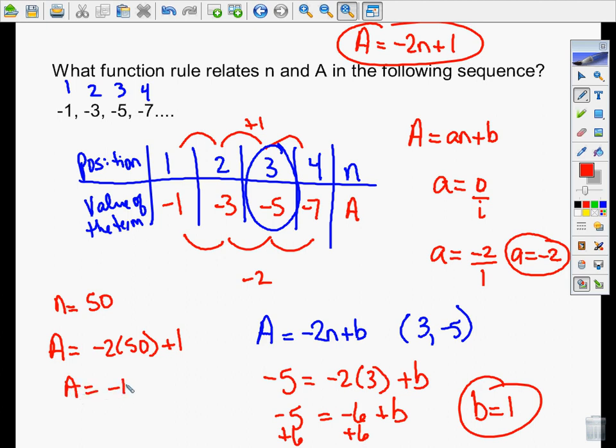So that's negative 100 plus 1. So in this sequence, the 50th term would be negative 99. And again, I think that's a lot quicker than keeping on with the sequence, negative 9, negative 11, negative 13, etc.